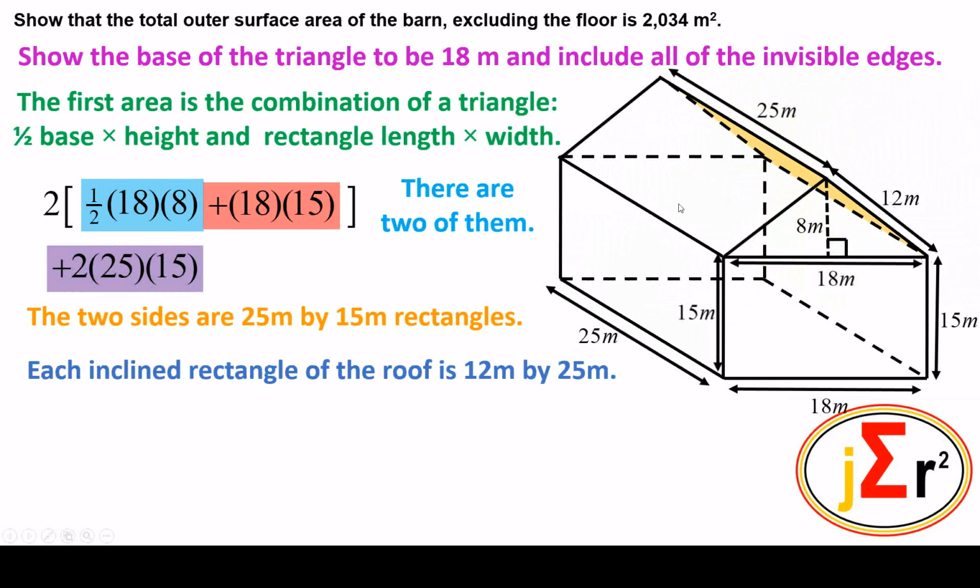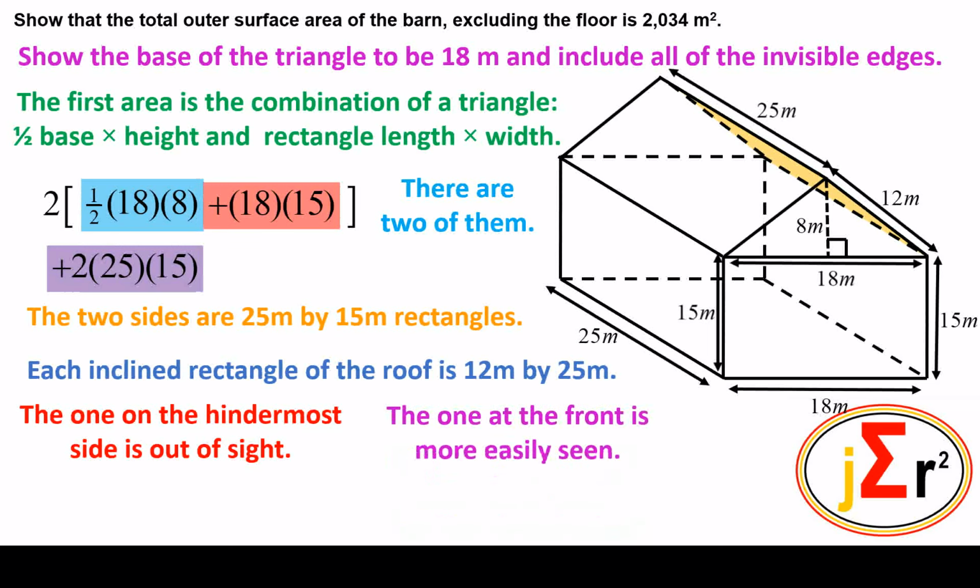The one on the hindermost side is not entirely out of sight, but it's a little bit obscured. The one at the front is more easily seen, and when we put them together, then we even have a better view of the one that is a little bit out of sight. And each of them is 12 by 25, and we have two of them.